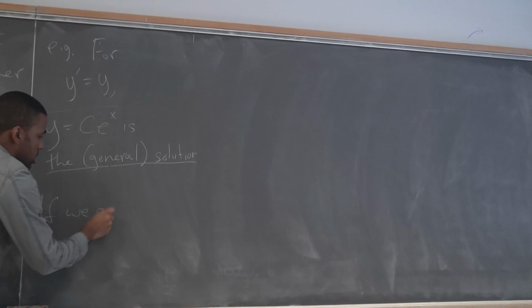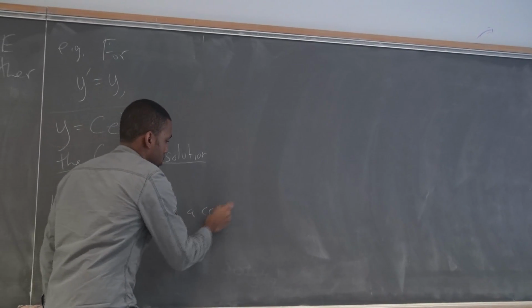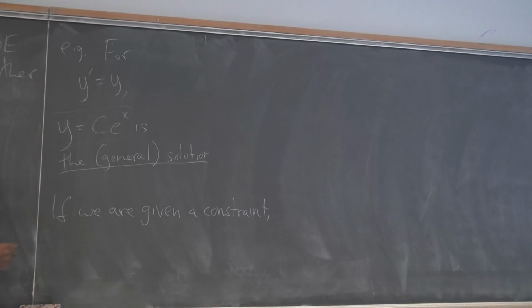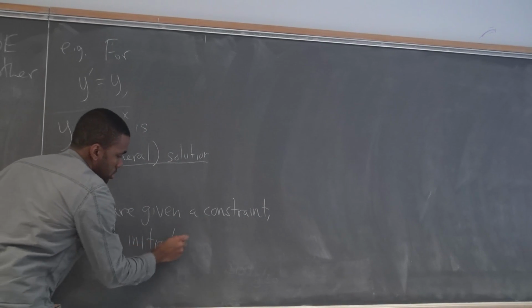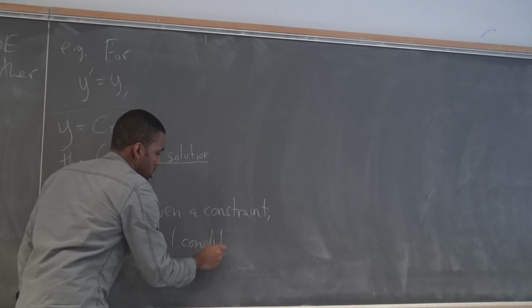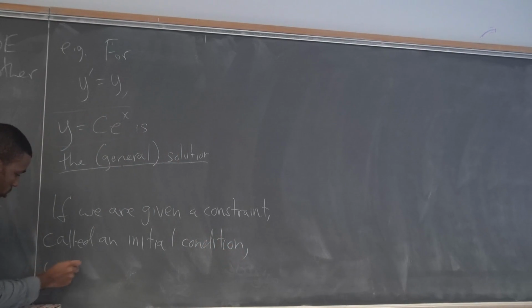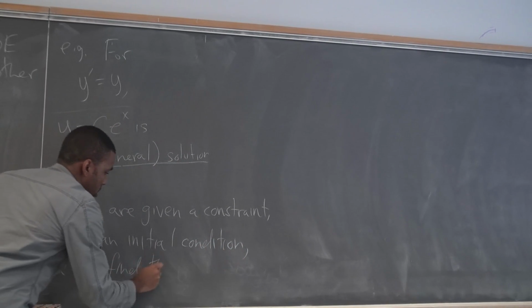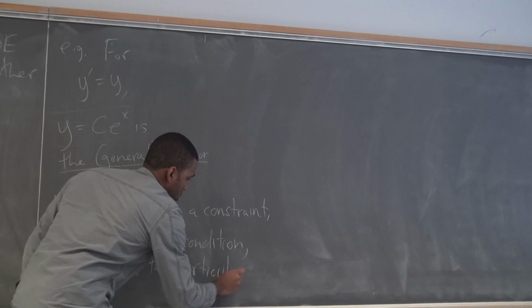If we are given a constraint, it's often called an initial condition. We can find the so-called particular solution.